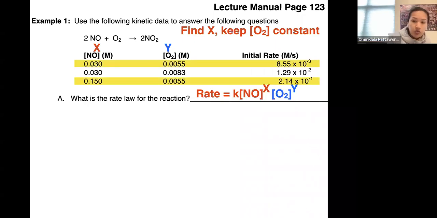If you choose 1 and 3, you set it up as rate 3 over rate 1.